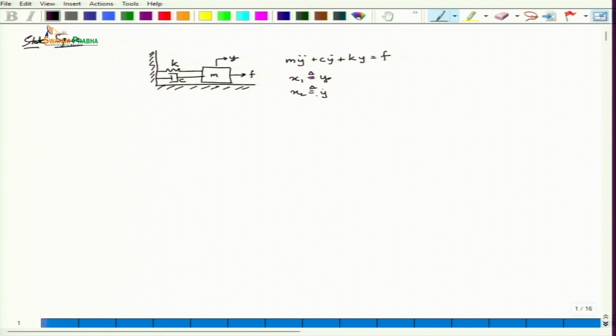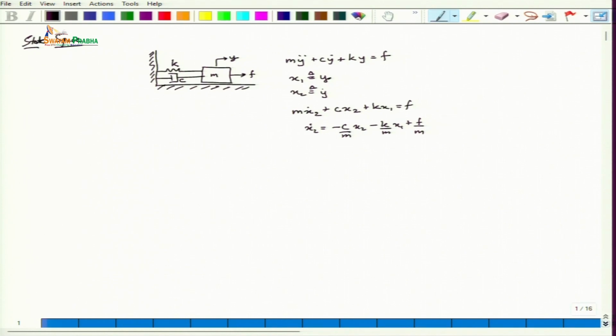So if we substitute these values of x1 and x2 into our equation of motion, we get m x2 dot plus c x2 plus k x1 is equal to F. So based on this we can express x2 dot as minus c by m x2 minus k by m x1 plus F by m.